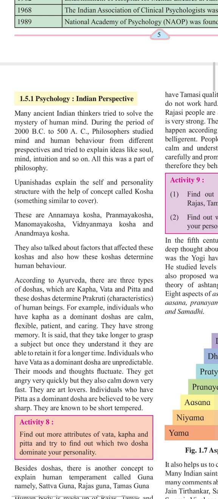Even in ancient times, many people tried to understand the human mind, and during the period of 2000 BCE to 500 CE, philosophers studied mind and human behavior from different perspectives and tried to explain ideas like soul, mind, intuition, and so on. All this is part of philosophy.